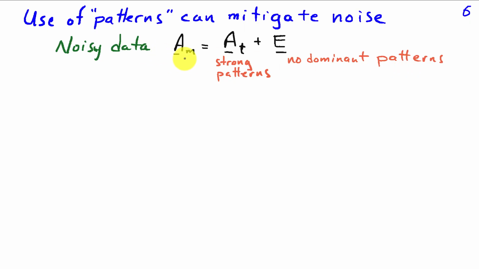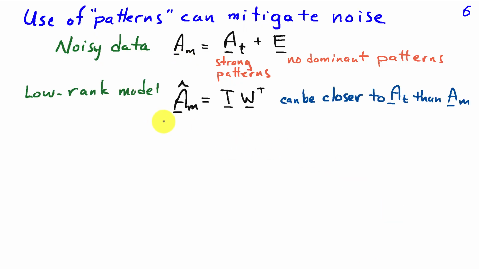So if that's my measured data, A sub m is noisy, and I approximate this with a low-rank model, say T times W transpose, I can choose T and W transpose in such a way that this low-rank model ends up being closer to the true features in A sub T than to the measured data A sub m, because our patterns, represented by T and W, will clue in on the strong patterns in A sub T and not be influenced very much by the lack of structure that's present in the noise data.